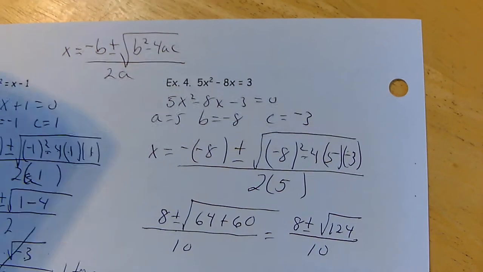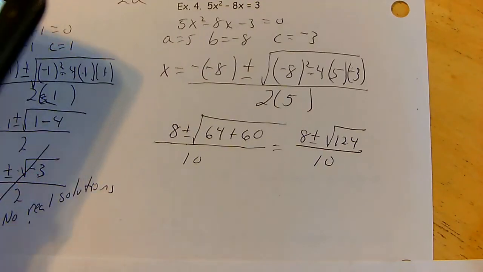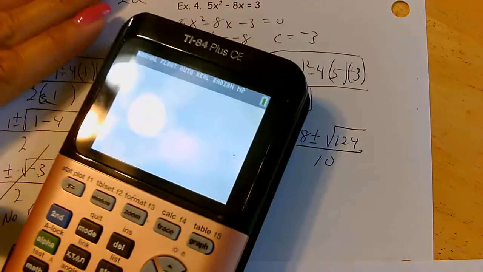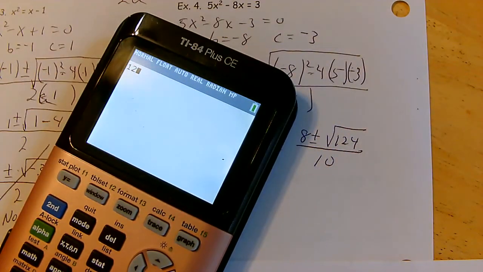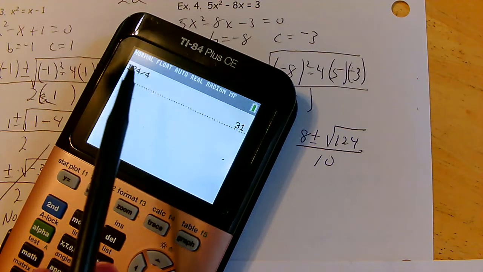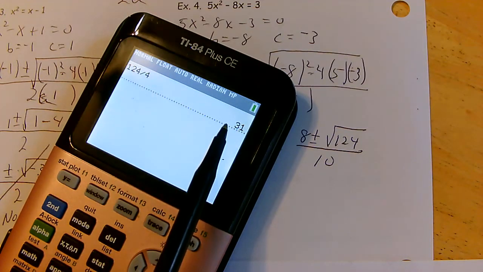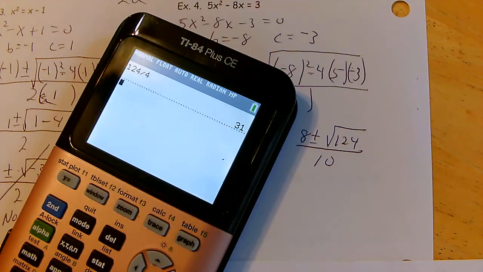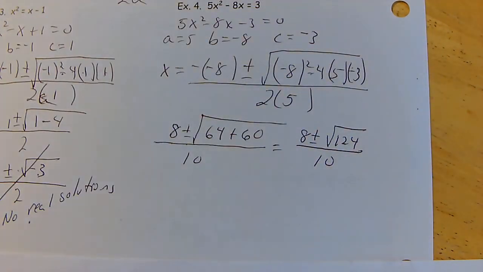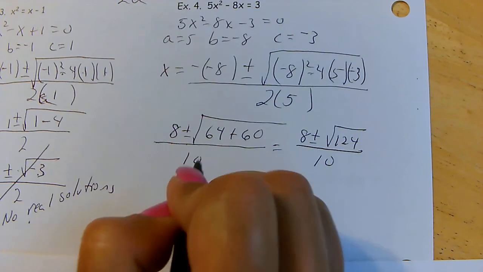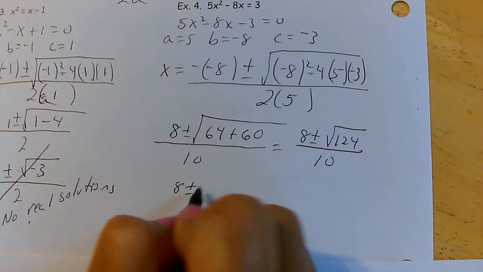So we're going to need to simplify this, put this in simplest radical form. 124 is not a perfect square. I'm going to start with dividing by 4. It's my first perfect square factor. 31 is prime, so that's actually as much as I could do. Can we see this? Yes.